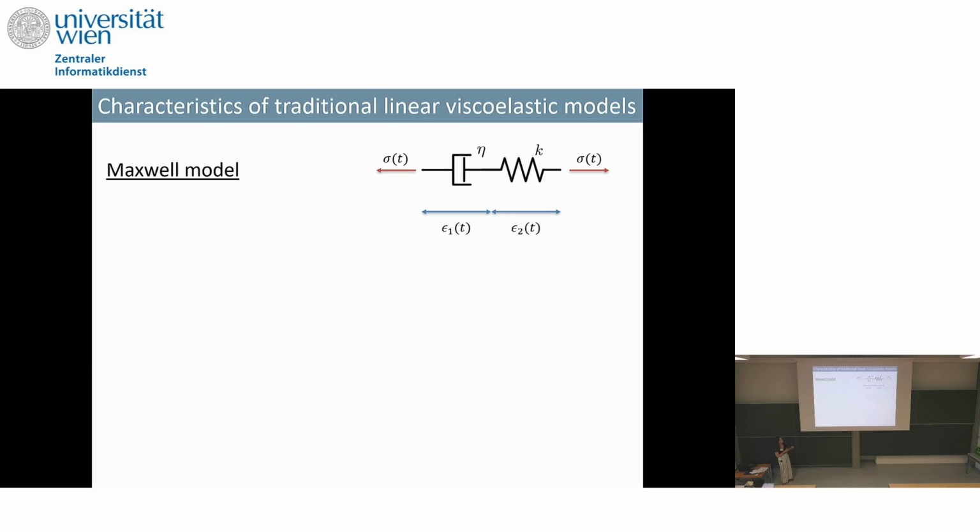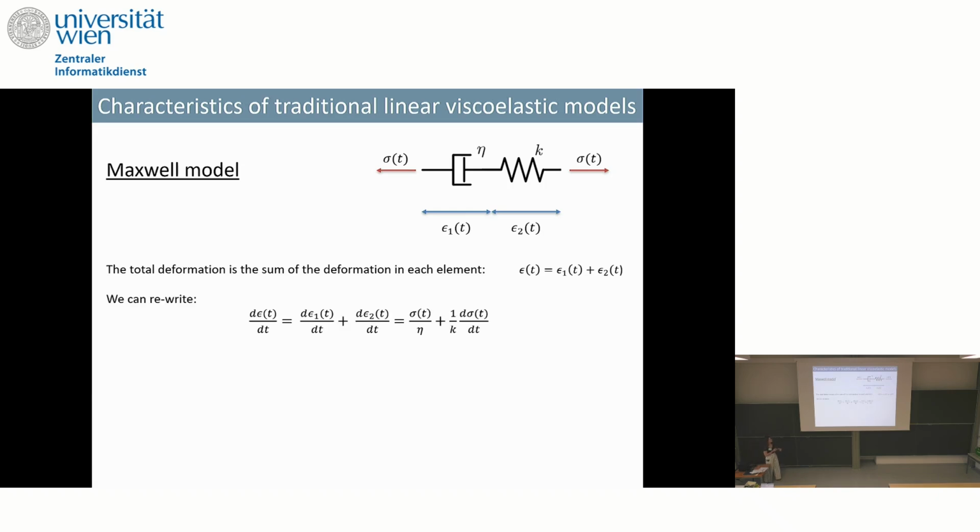So what happens when you put two elements in series? They will both experience the same stress. So the stress on the dashpot and the stress on the spring are going to be the same. But the resultant strain is going to be the strain given by the dashpot plus the strain given by the spring.